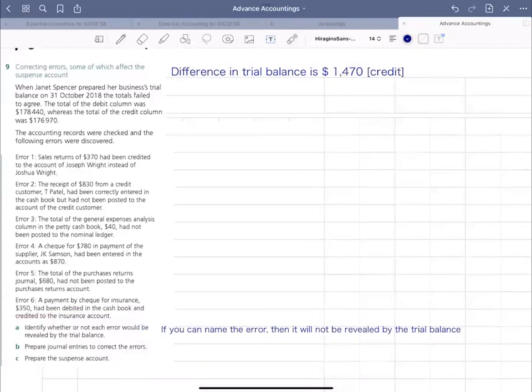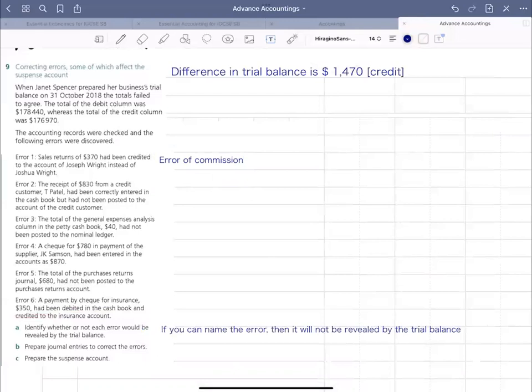Sales return of 370 had been credited to the account of Joseph Wright instead of Joshua Wright. So here you can see already this is a common error called error of commission. So error of commission is when the names are written wrongly. So instead of Joshua, we write Joseph. So that is the problem here.